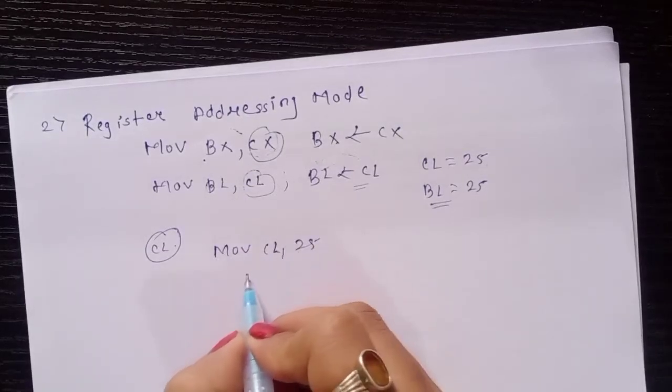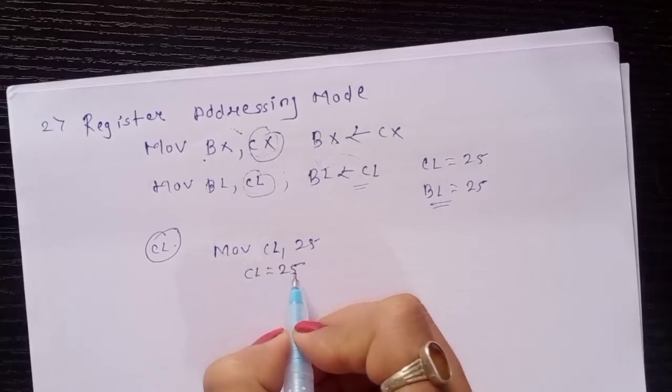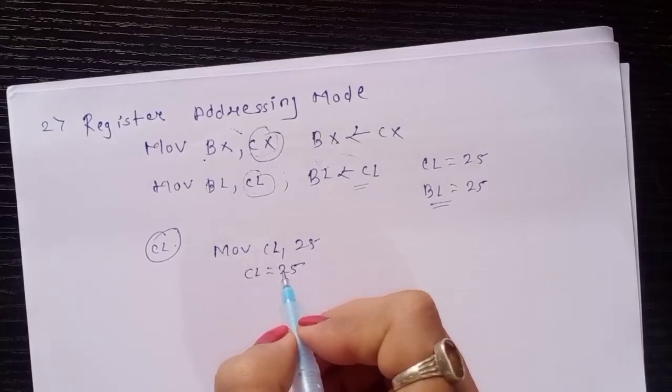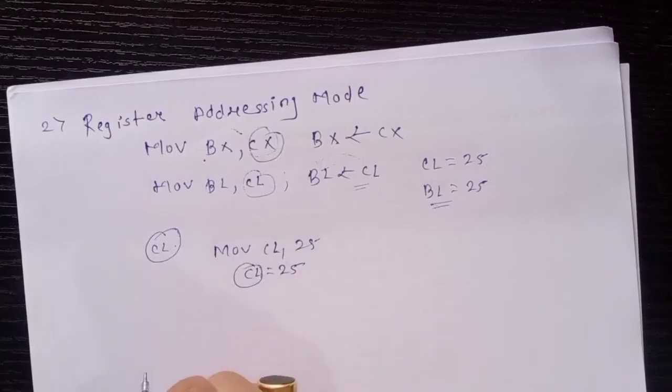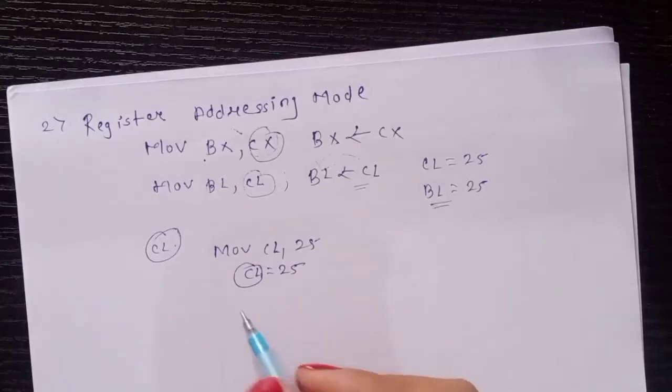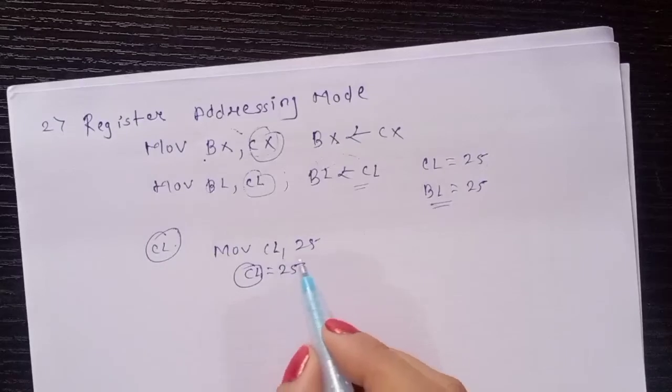Now CL will be initialized with the value 25. And once the data is in the register, you don't have to again initialize the number. You can pass it on from one register to another.